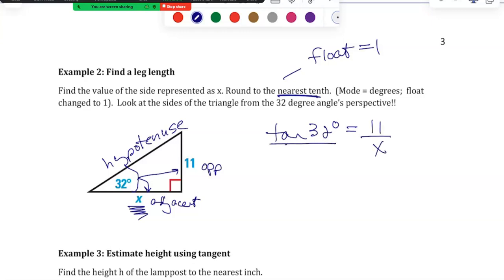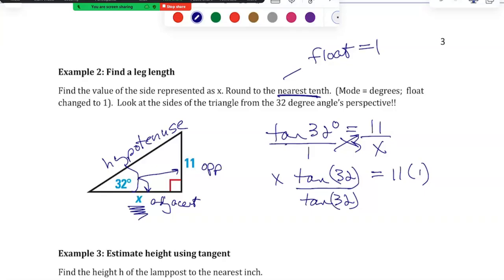Put tan 32 over 1 and do your cross products. X times the tan of 32, look what I'm going to do with my parens, equals 11 times 1. I want to isolate my x, divide by tan 32, that cancels.